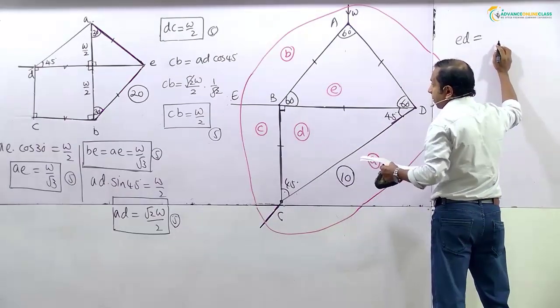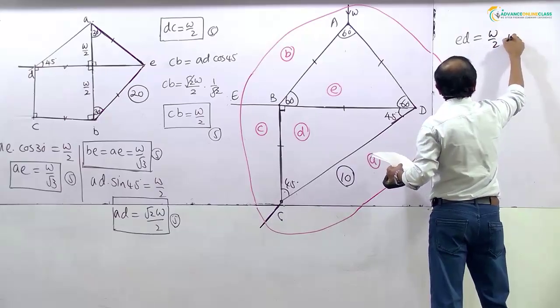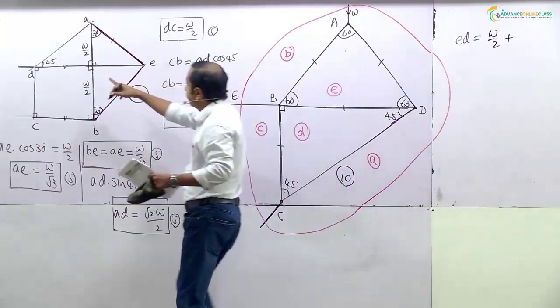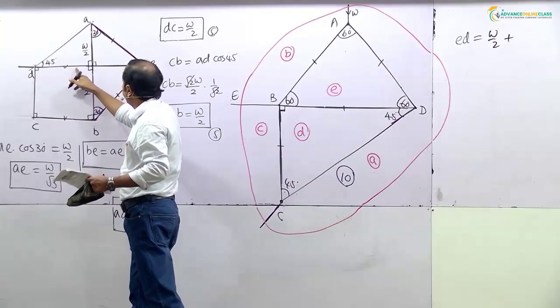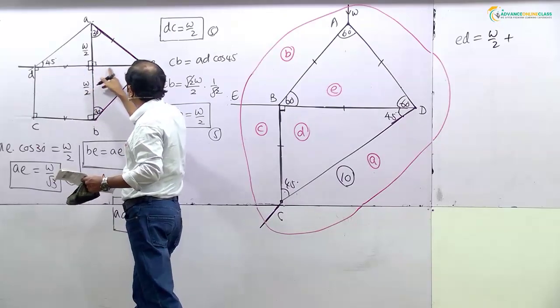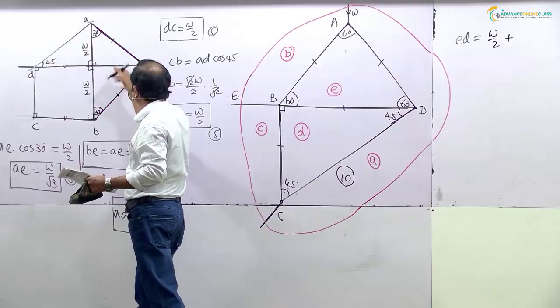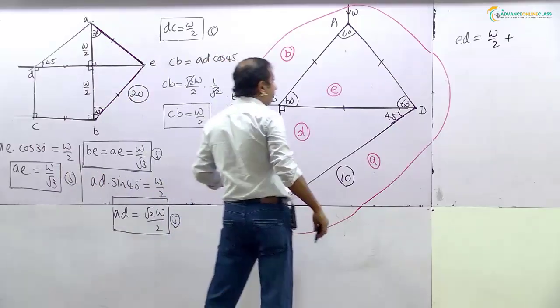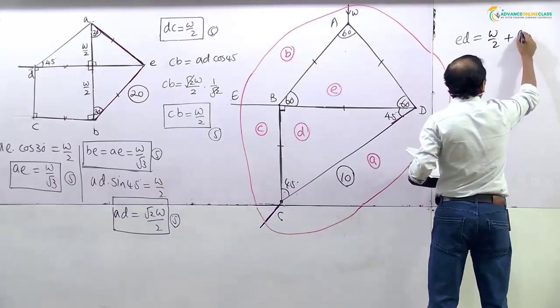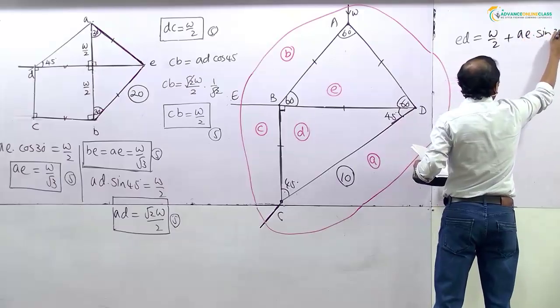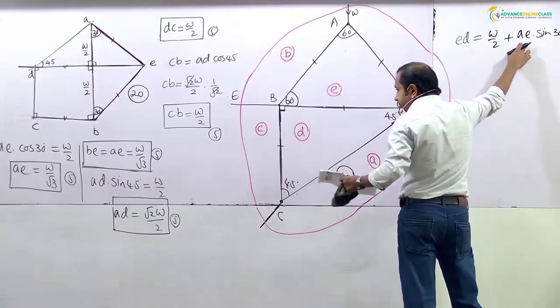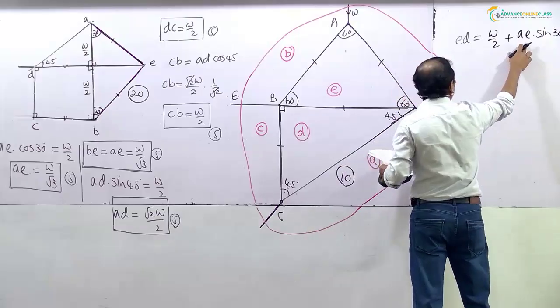So ED is W by 2, that means this part, plus this part, which is AE sine 30. AE we know is W over root 3.